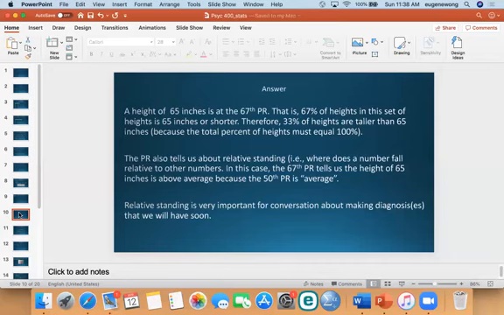So therefore, that kid is below average. Now, this notion of relative standing becomes very important for us as we move more and more towards testing and this idea of making diagnoses and so on.